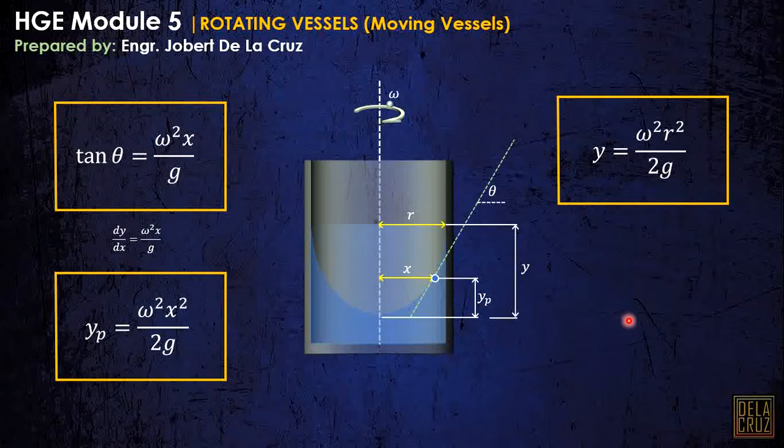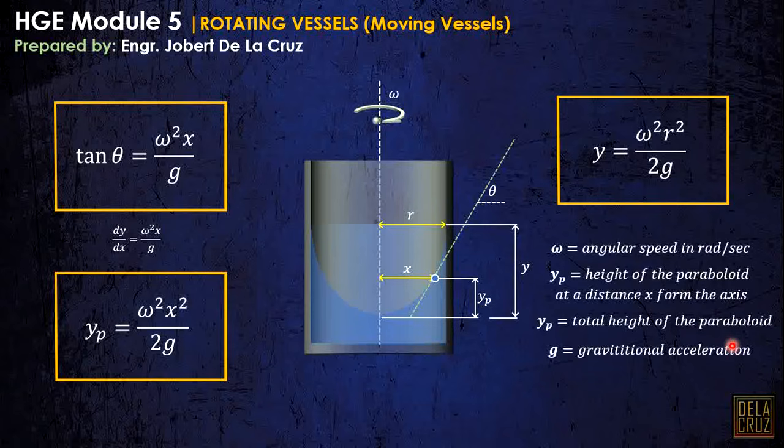Well, if the problem is specific, what is the angle theta at any points on the parabola, then we can use this one. Okay? But in my experience, what we really get is y, the maximum height of our paraboloid.